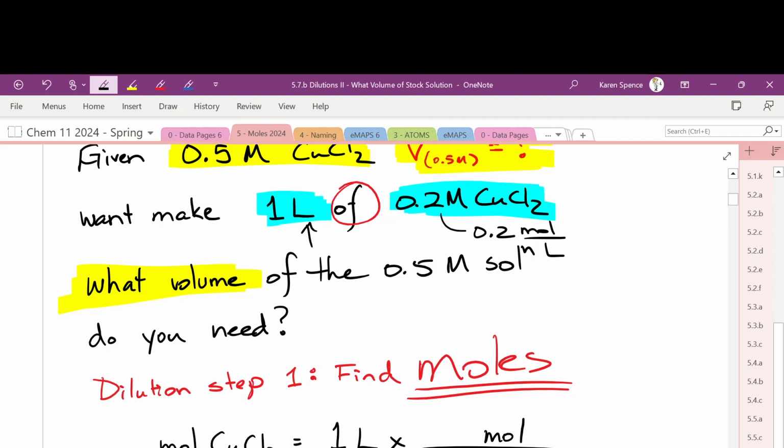And what is the concentration? 0.2 moles per 1 liter. Yes, you with me? If you don't know what else to do, 1 liter times 0.2 moles per liter. In a dilution problem, whenever you see blah blah of blah blah, just do that multiplication and it will give you moles. Yes? Okay, so we have 0.2 moles.